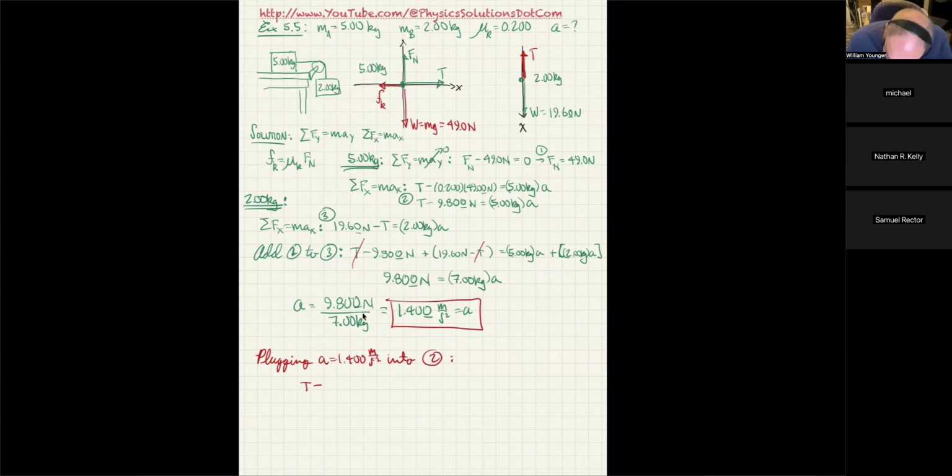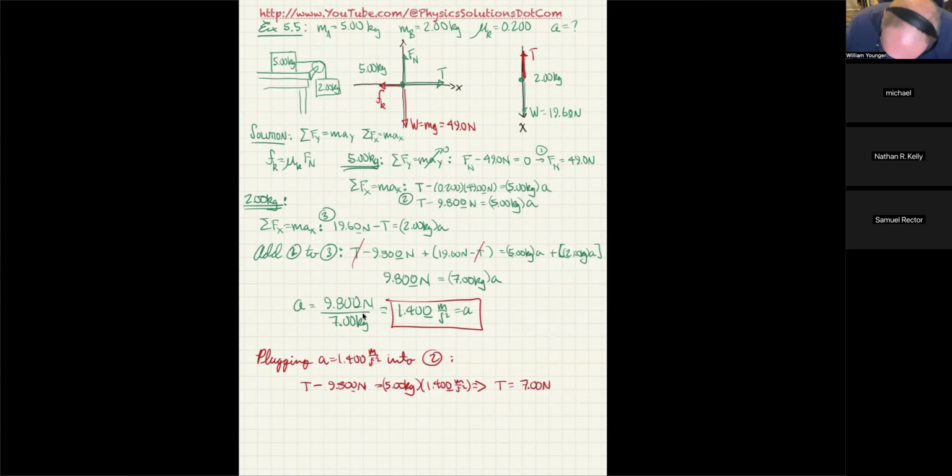T minus 9.800 newtons is equal to 5.00 kilograms times 1.400 meters per second squared. That means T is going to be equal to, when I multiply 5 times 1, I get 5. When I multiply 5 times 0.4, I get 2. So 5 plus 2 is 7. So I'd get 7.00 newtons.